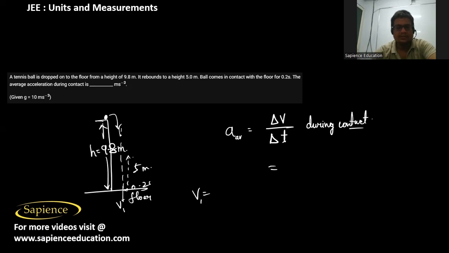So v1 will be equal to, the tennis ball is dropped on the floor, so it is dropped means its initial velocity is 0. So it is equal to u plus gt, where g is equal to 10 meters per second squared.